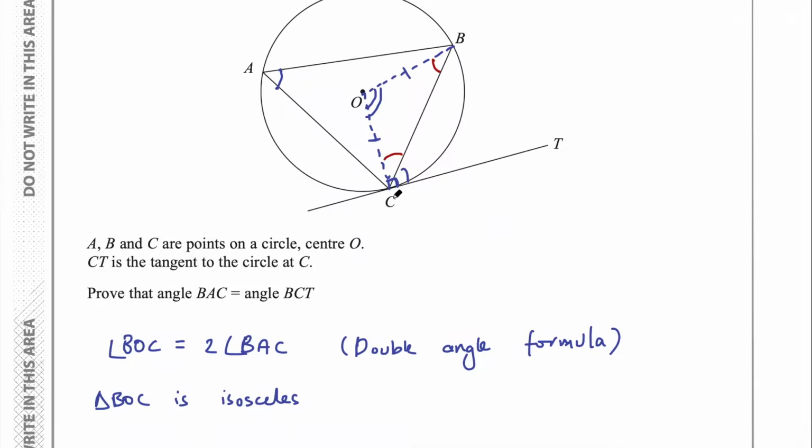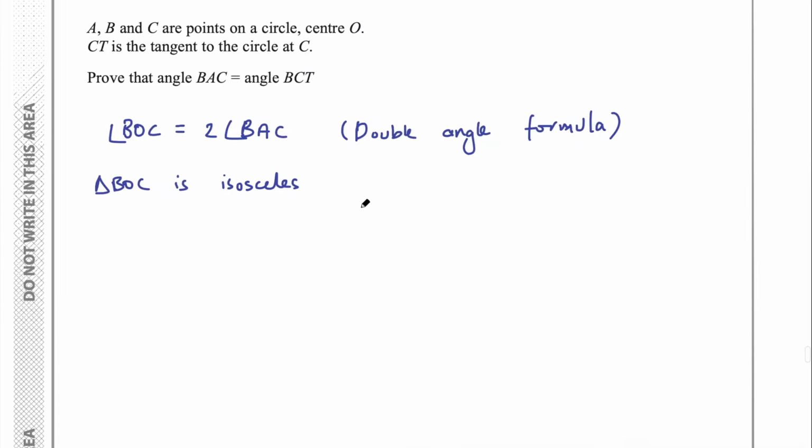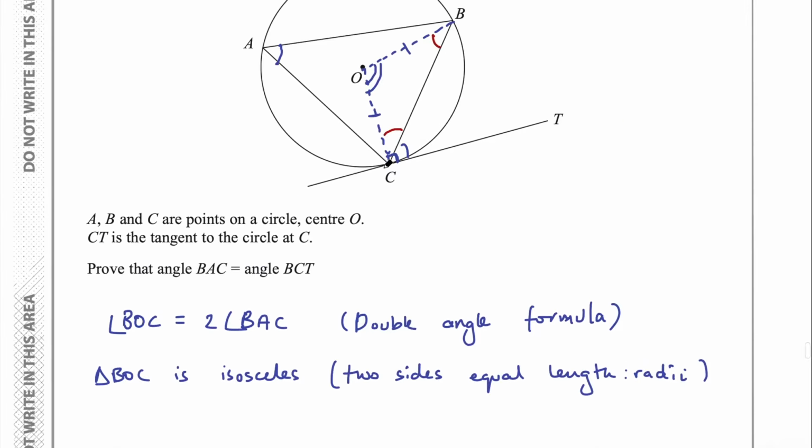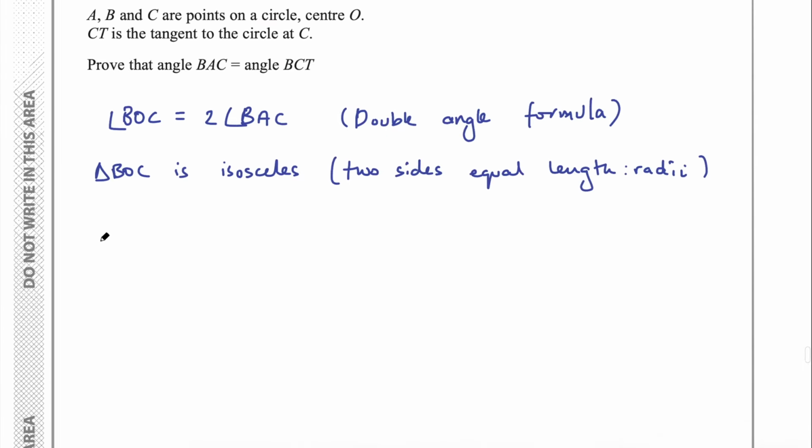So OCB and CBO must be equal, because two sides are equal length. Angle BCO equals OBC. Base angles of an isosceles triangle.